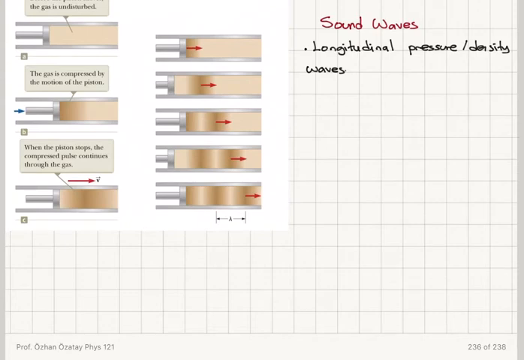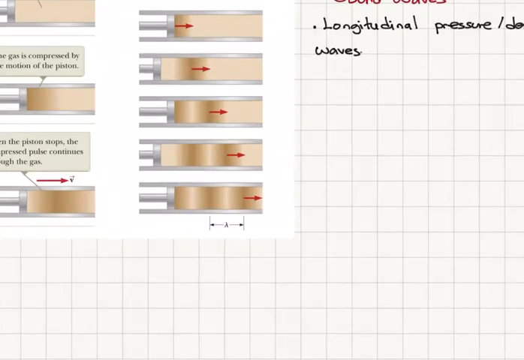And when we pull the piston back to its original position, we have this series of compressions and rarefactions propagating inside the gas. So we can move the piston in simple harmonic motion back and forth and create these variations in pressure and density.